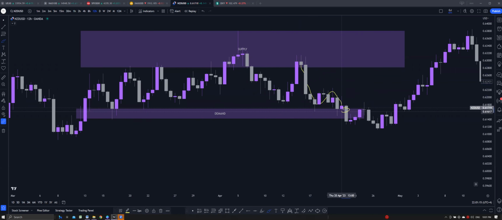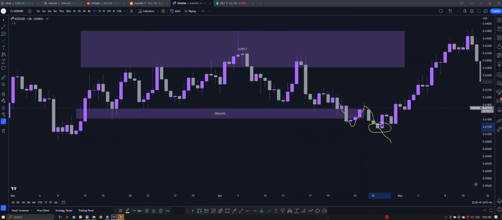Buyers tried holding onto this area, and if you look at the bodies of these candles, you see how small the buyers' pushback was. Eventually you see how massive that bearish engulfing candle was. Price eventually broke through and gave us a breakdown. That means at this moment in time, at least, buyers did not find this area favorable anymore.